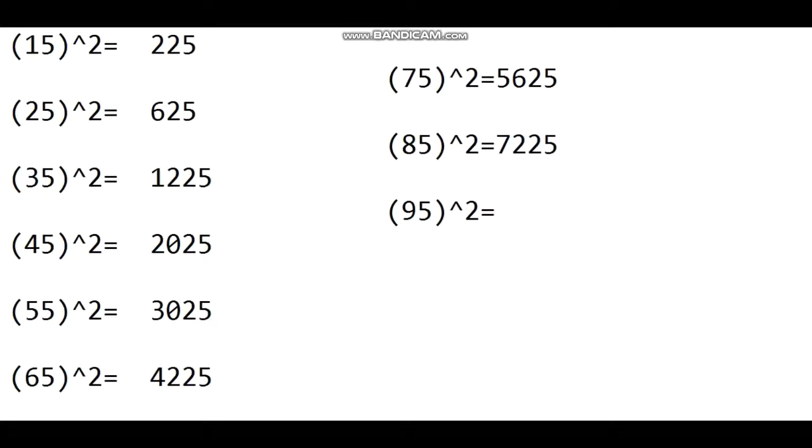First multiply 5 by 5, that is 25, the square of 5, and now multiply 9 by its next number, that is 10. 9 multiplied by 10 gives you 90, so it's 9025.